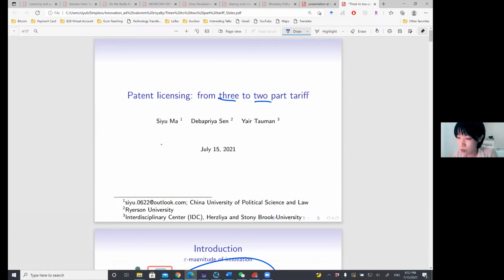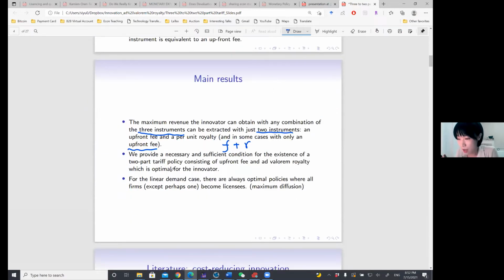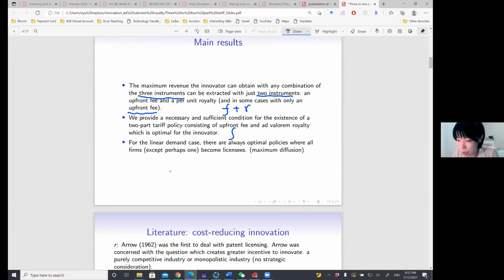This 2-part tariff is F plus R. What's more, we also show that sometimes a 2-part tariff with F plus ad valorem royalty can also achieve this optimum, but it requires some constraint. In the paper, we show the constraint that makes this 2-part tariff with ad valorem royalty also sustain the optimum. Those are the 2 general results.